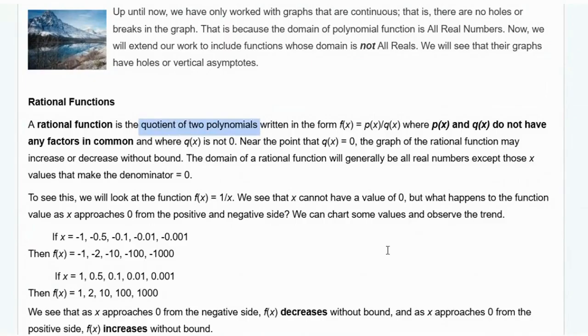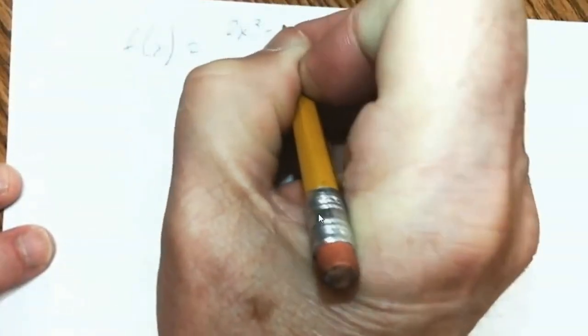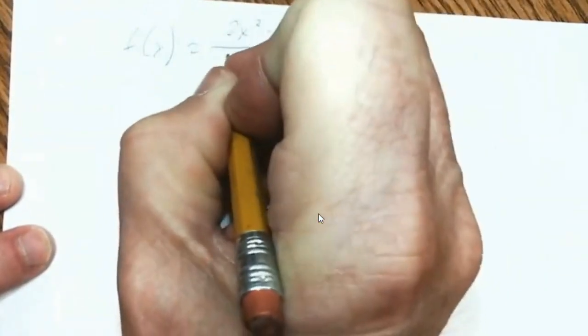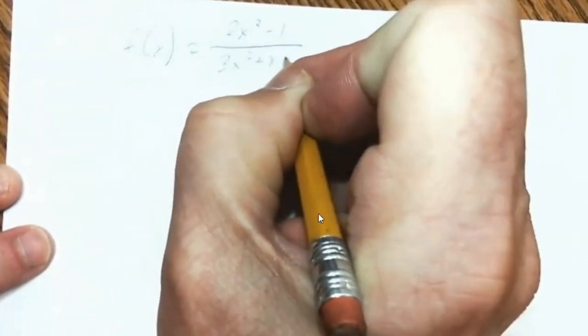So let me just write an example then. Let's pull up our little camera here, because before we get too much into this real mathy talk, I want to make sure we understand what this mathy talk is saying. Okay, so a rational function would be like f of x equals (2x squared minus 1) over (3x to the third plus x plus 4).